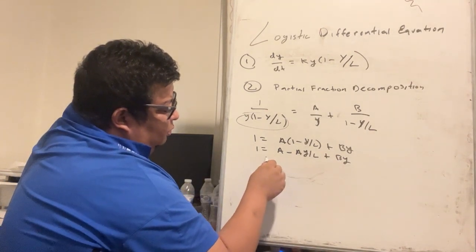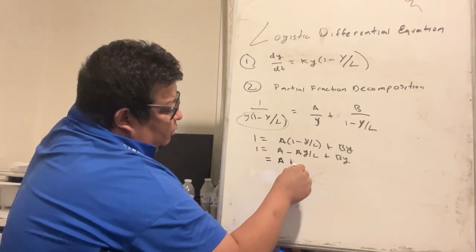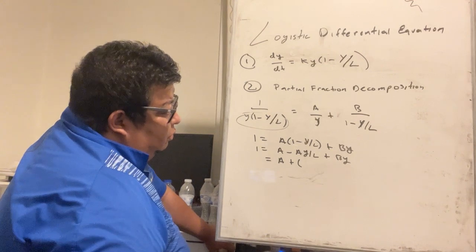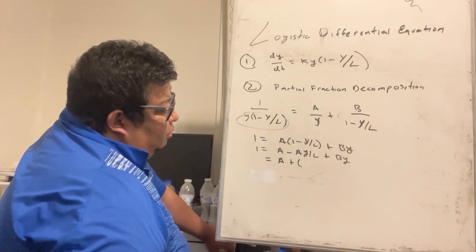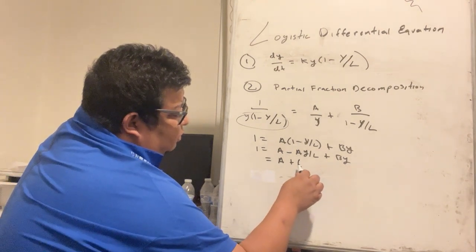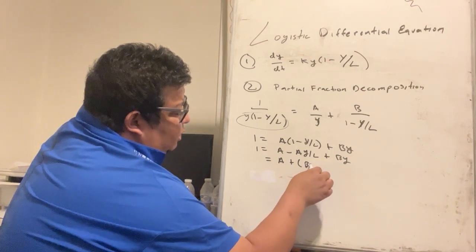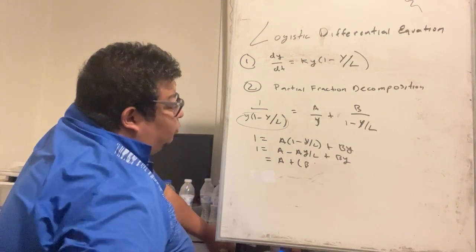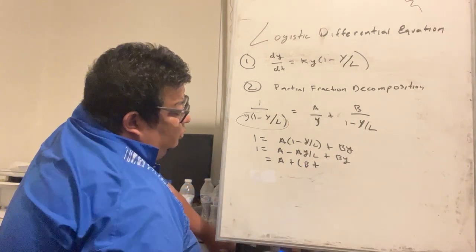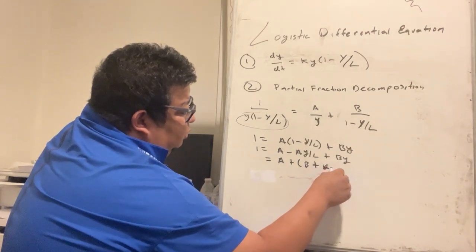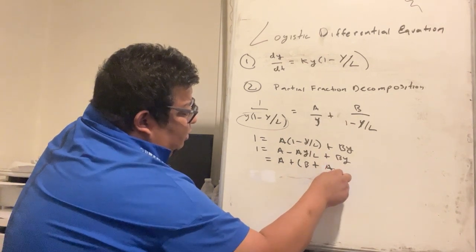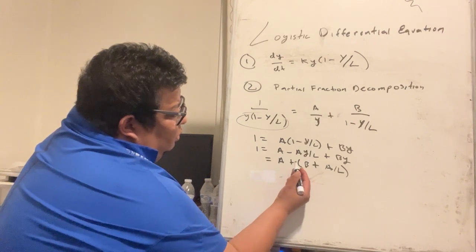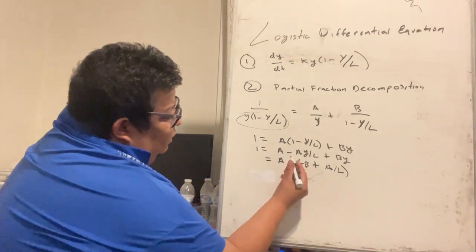Then we factor out a y, so that's equal to A plus, and then we're going to do B, and then plus y, I'm sorry, A divided by L. And this will be minus B, and then the y here.